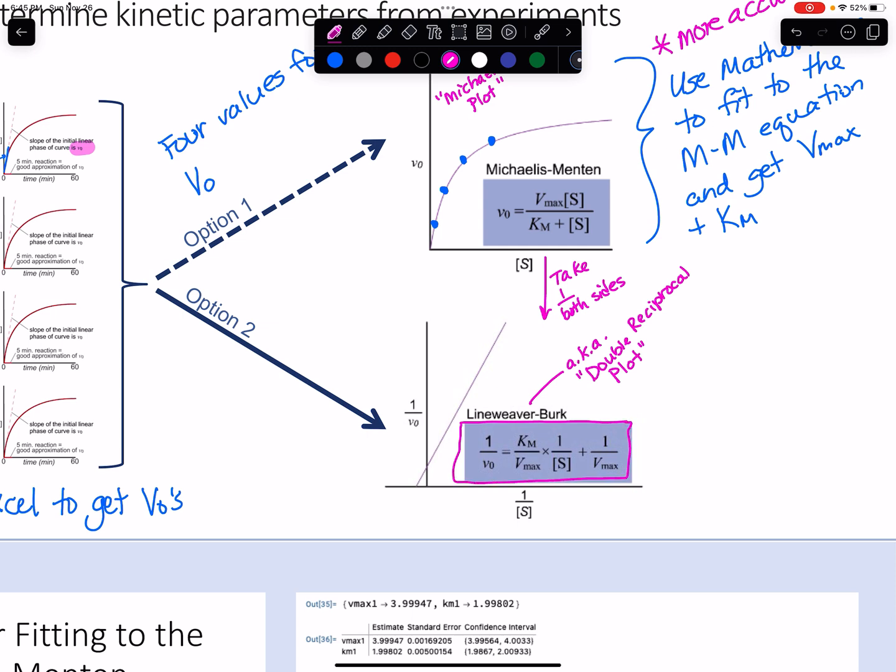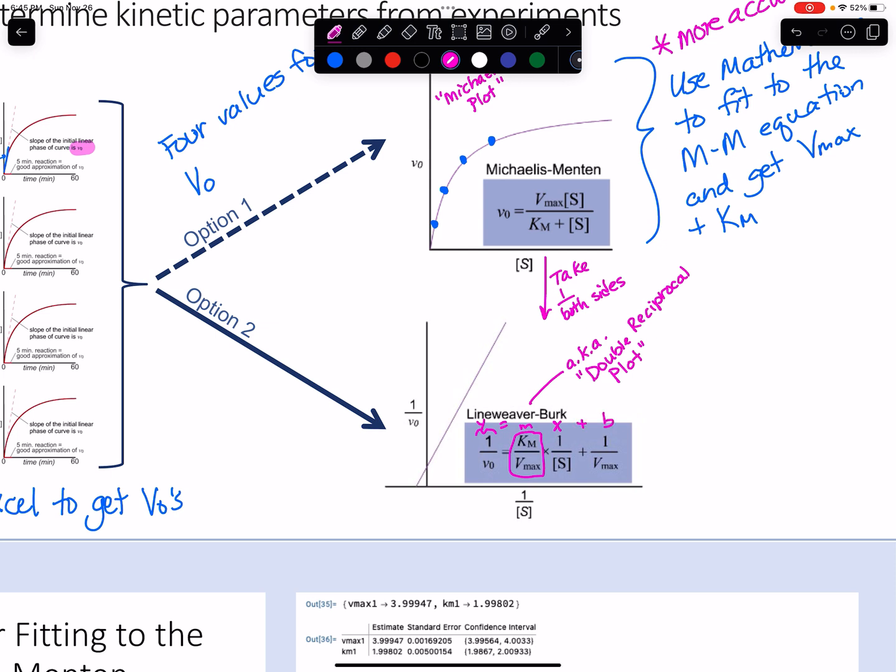And if you'll notice, this equation is the equation for a line where 1 over V0 can be our y equals mx plus b. Our slope is Km over Vmax times x, which would be 1 over S, plus b.